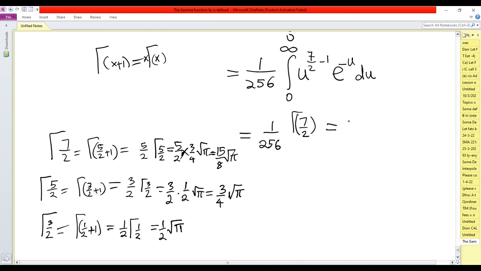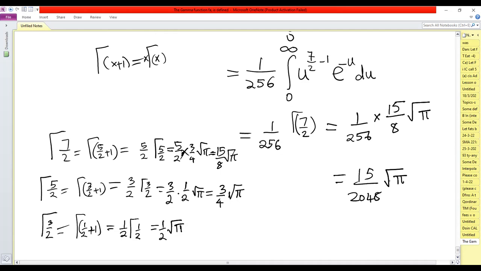So this will be the same as 1 over 256 times 15 over 8 root pi. So 1 over 256 multiplied by 15 over 8 gives 15 over 2048 square root of pi.